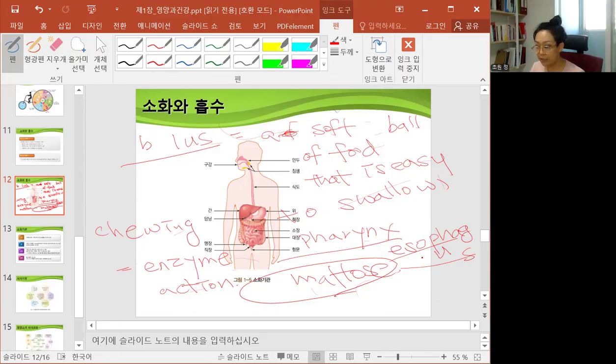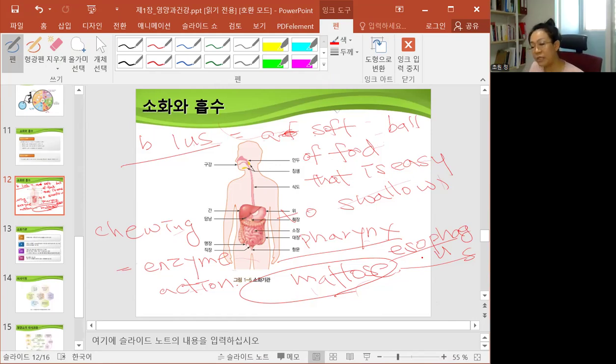When you eat, our teeth break food into small pieces, and our tongue helps mix the food with saliva. Saliva has water, mucus, and enzymes.